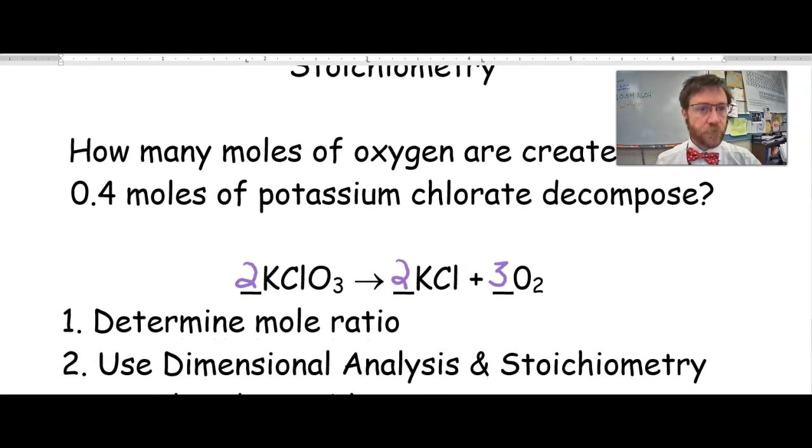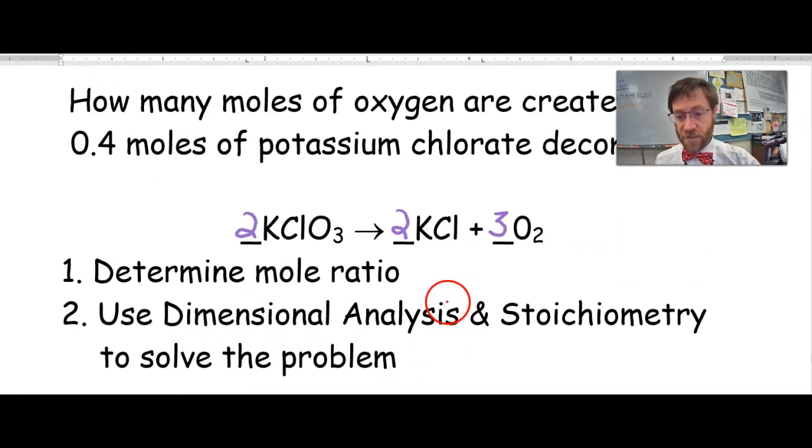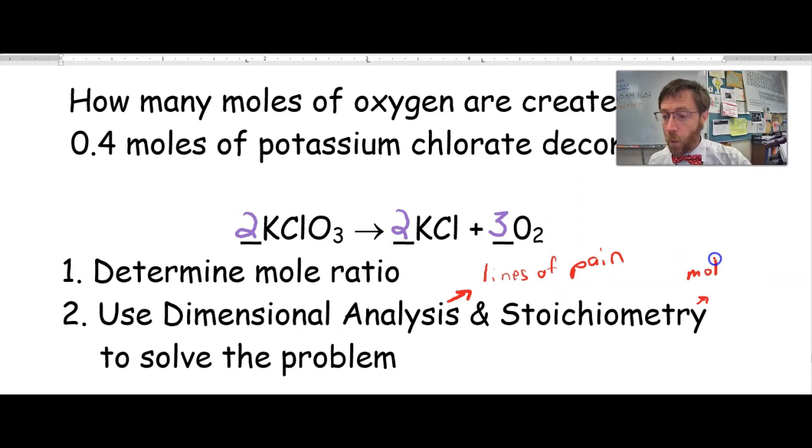So we're balanced. So the first thing we need to do is to determine the mole ratio. Then we're going to use dimensional analysis, or what we like to call lines of pain. And stoichiometry, which is going to be nothing more than a mole to mole ratio.